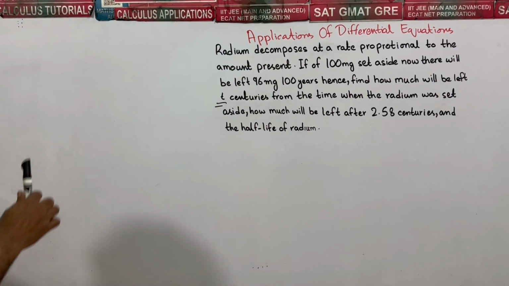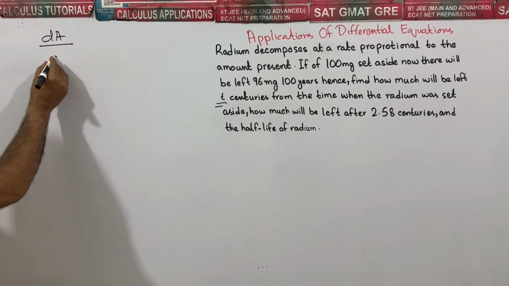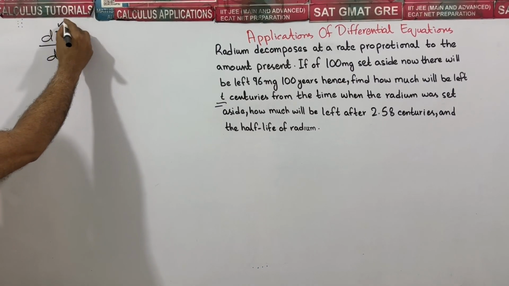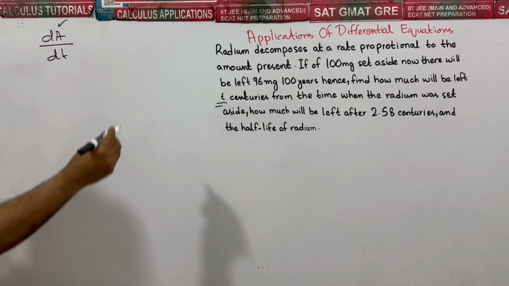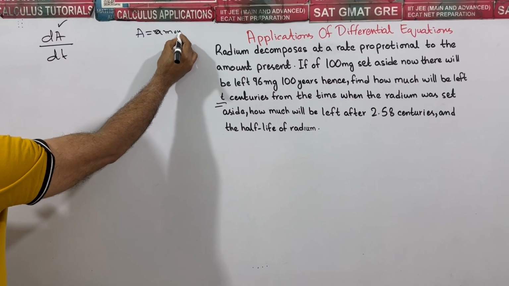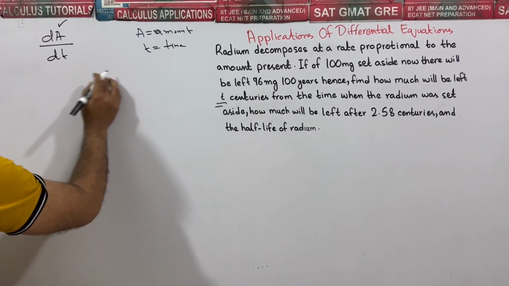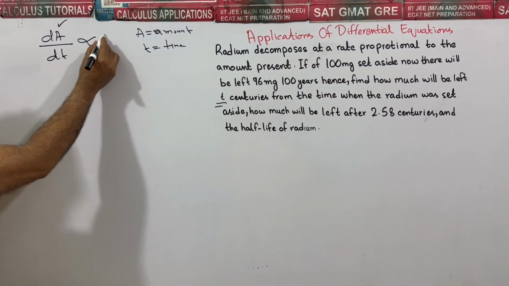Simple it is. The rate of the decomposition is proportional to A, where A stands for the amount present and t is the time.